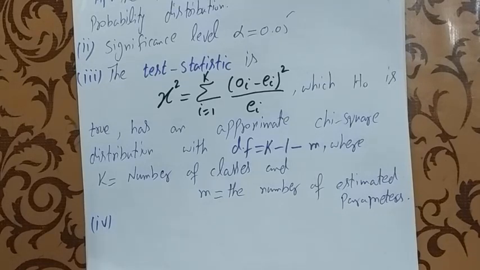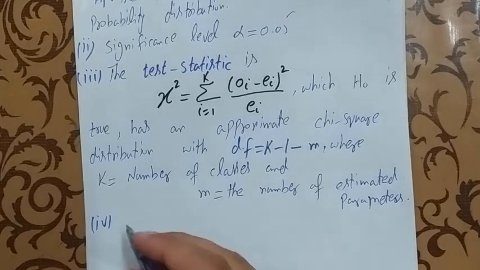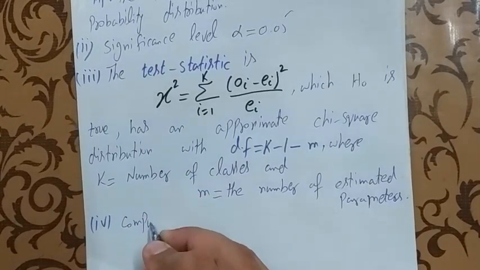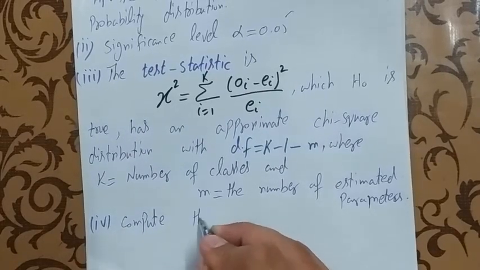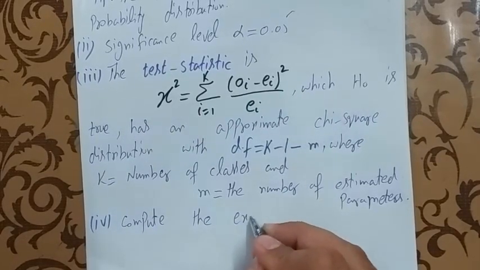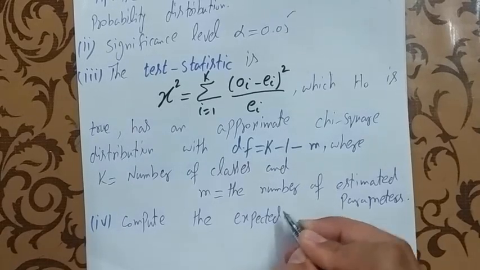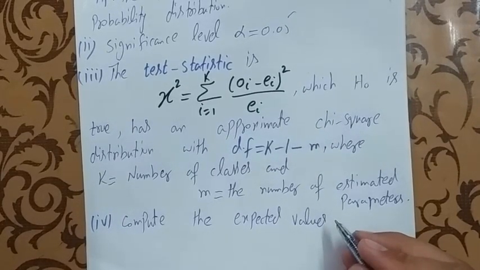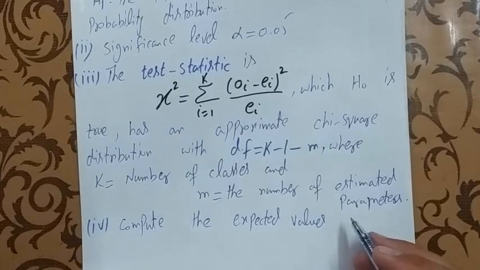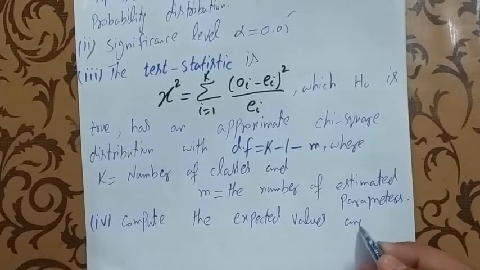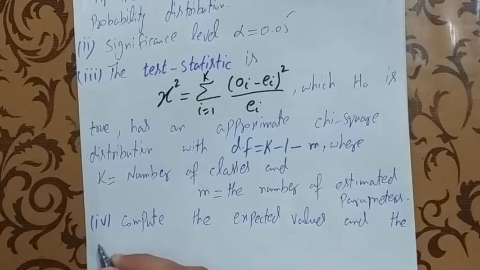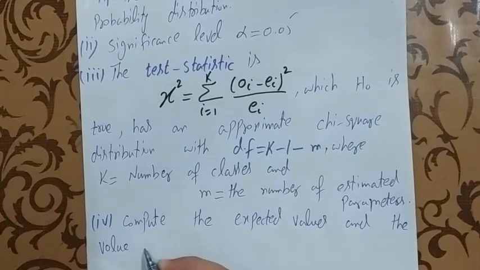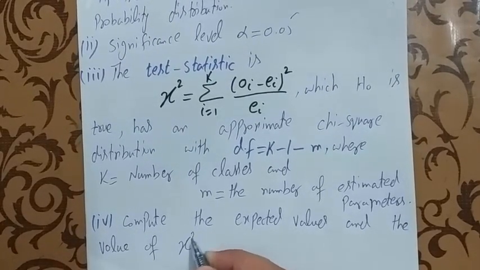But I write in the fourth step: first, compute the expected values and the value of chi-square.